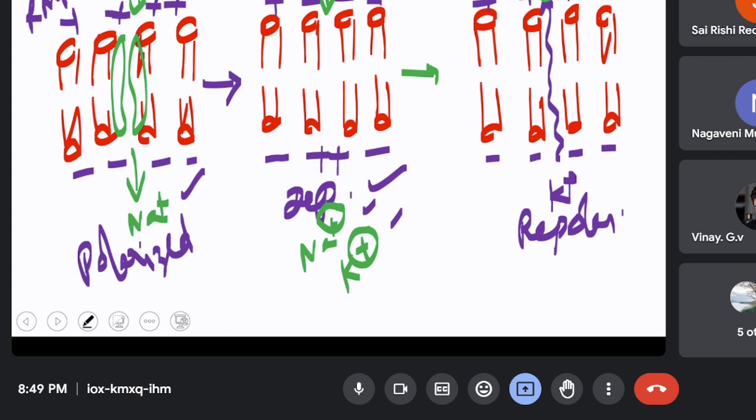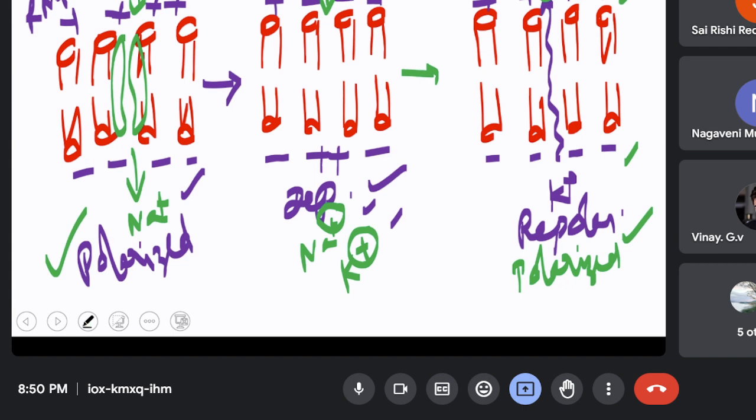Here, there is re-establishment of positive charge outside and negative charge inside. So after repolarization, there is a positive pole outside and negative pole inside, and we can call it a polarized membrane. Okay, so the polarized state is said to be re-established. We may think like this, but that is not the case.